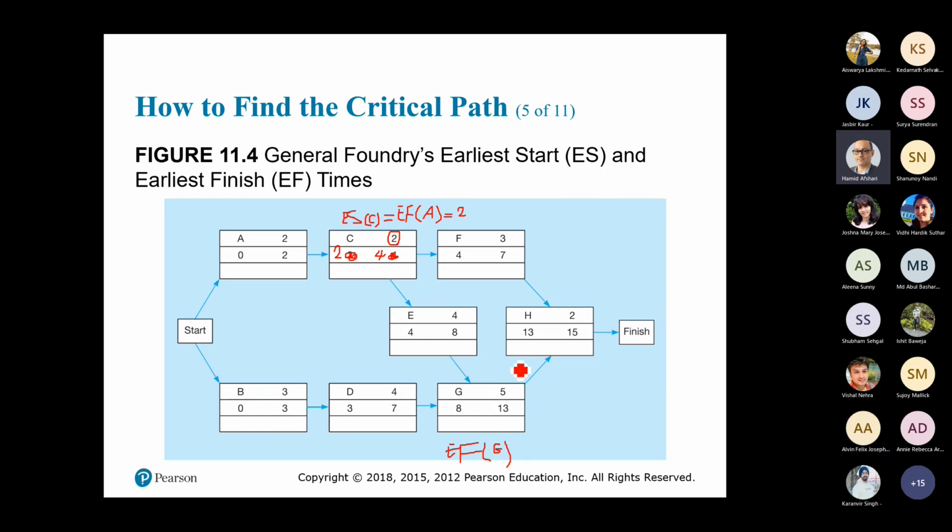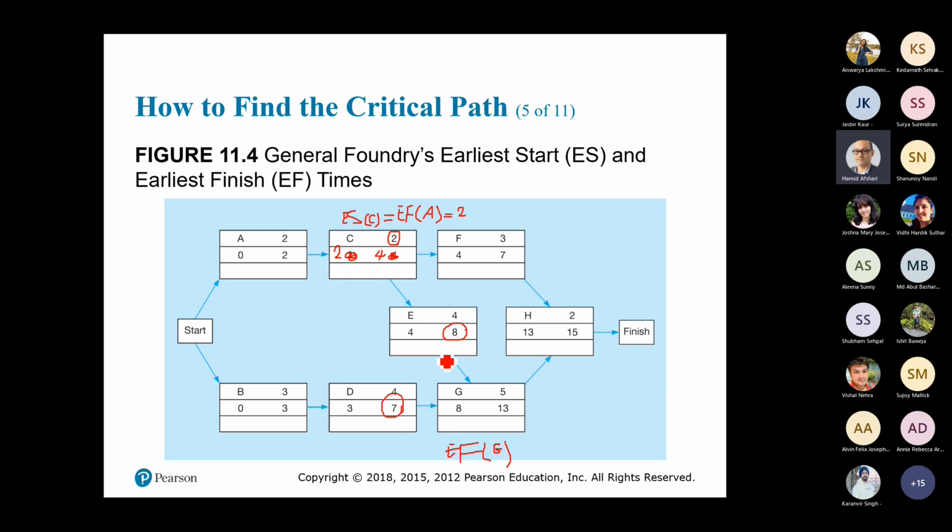So the earliest finish of activity E is 8, and earliest finish of activity D is 7.